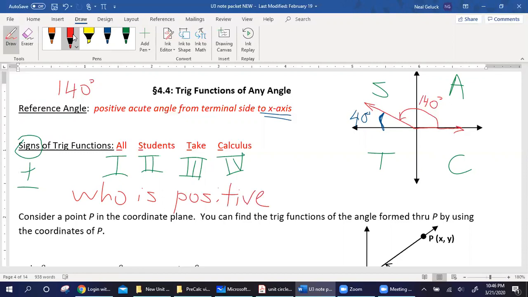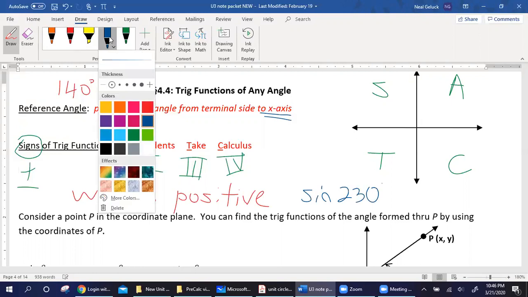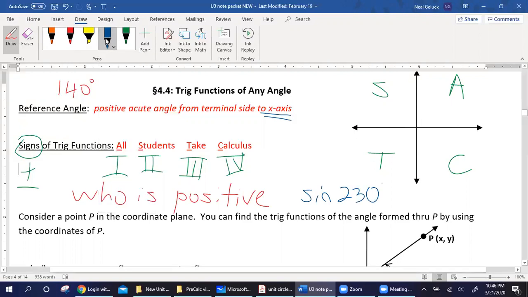So depending on what trig function I'm trying to do and what quadrant I'm in, that will tell me if I'm going to have a positive or a negative value. So for example, if I said I wanted to find the sine of 230 degrees, what sign, SIGN, would this have?